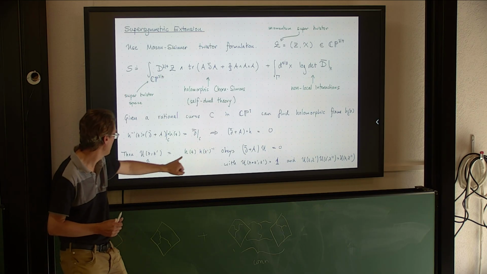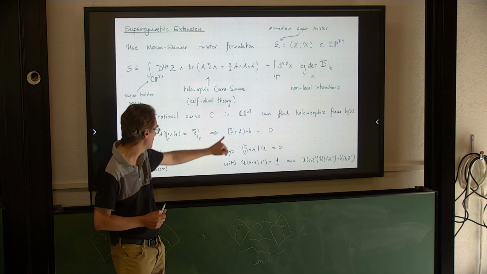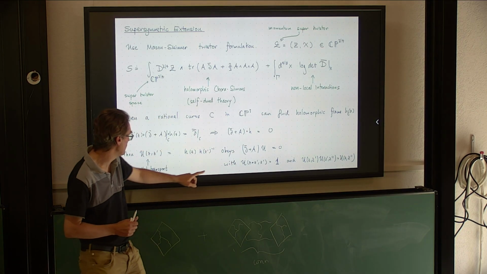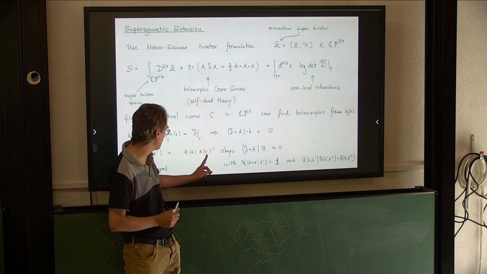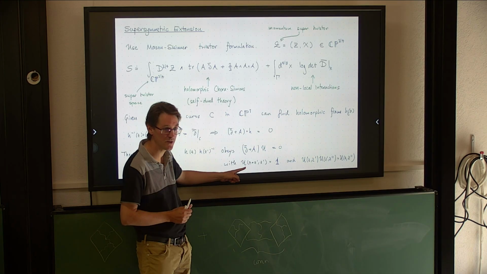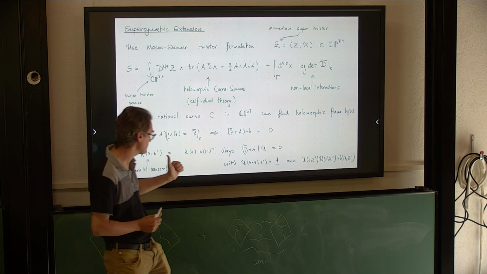So what we do is we simply take H of Z prime inverse. Because of this, U obeys the same equation, but with the boundary condition that when I put Z equal to Z prime, I get the identity. So I found a solution that obeys this equation with this boundary condition by constructing this holomorphic frame.